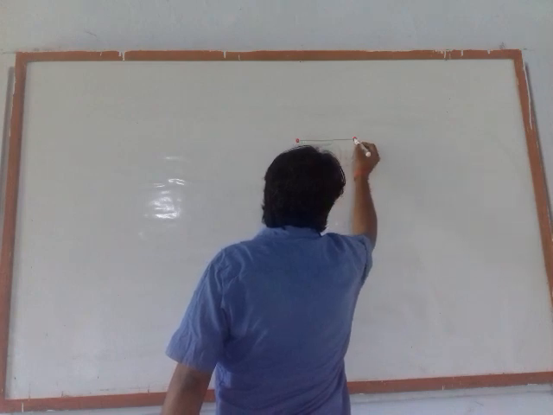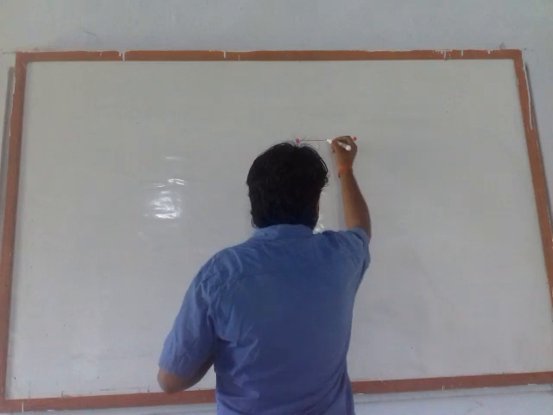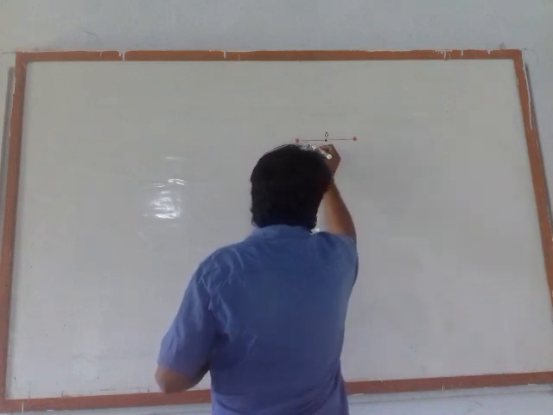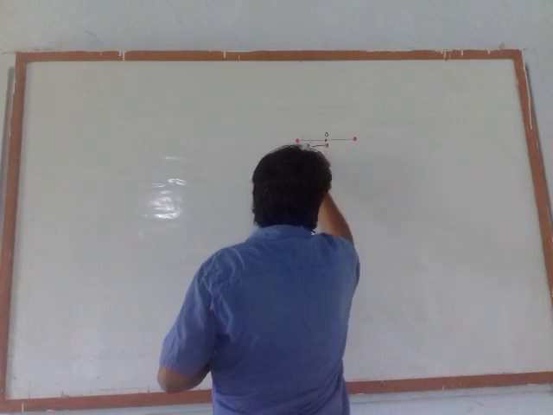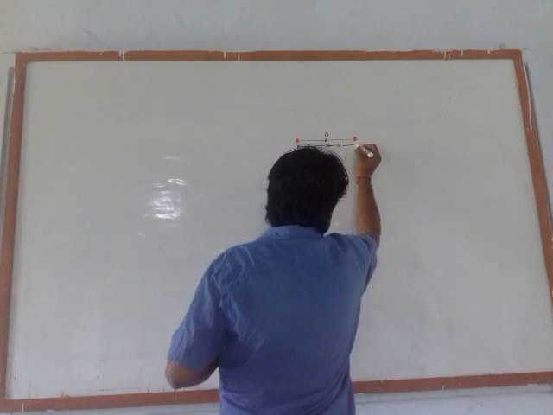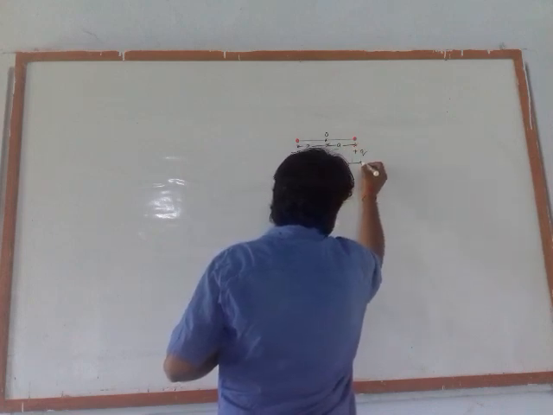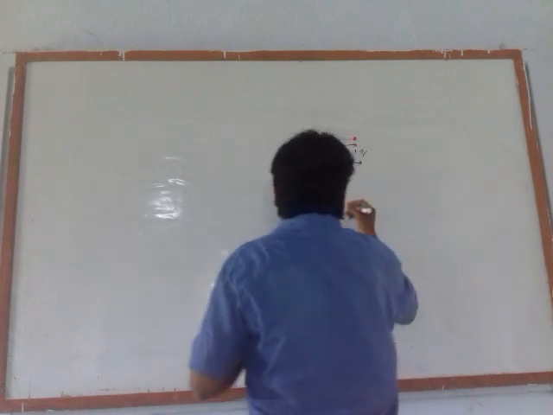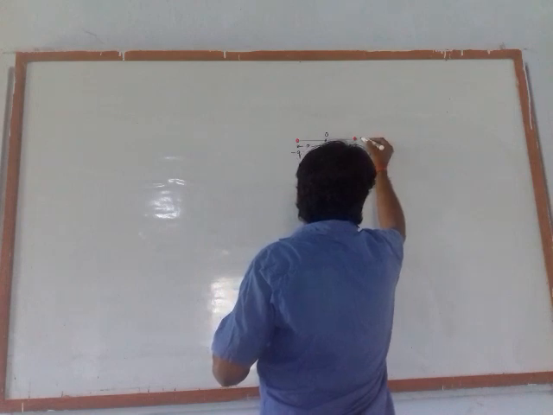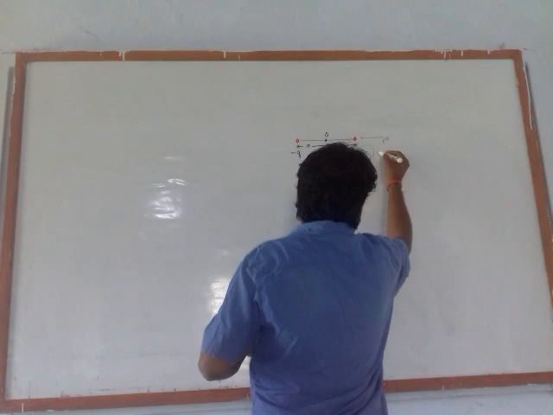This is the line joining and here is the midpoint, O. The distance is A from here. This is negative Q charge. This is positive Q charge. Here is also distance A. And the total distance is 2A. The direction of electric field will be from positive to negative. Then the direction of the dipole moment.